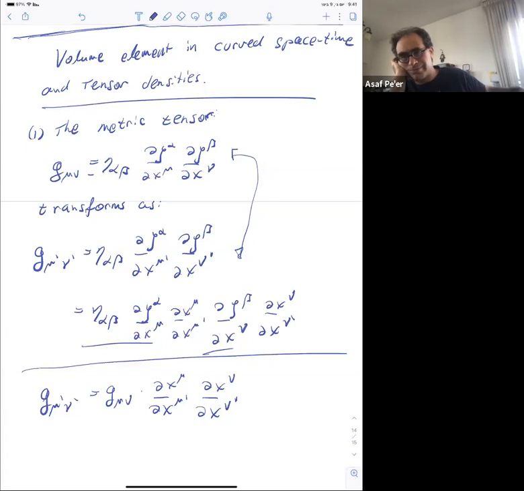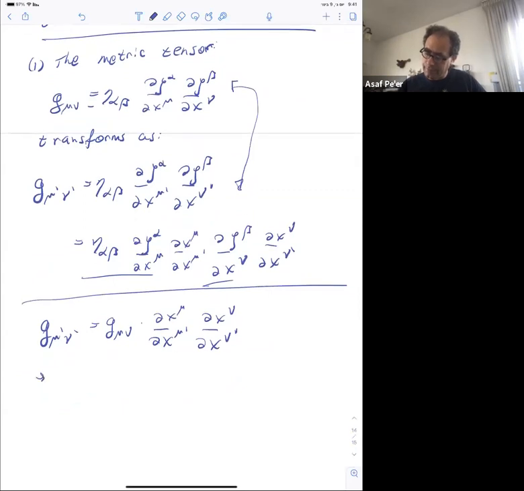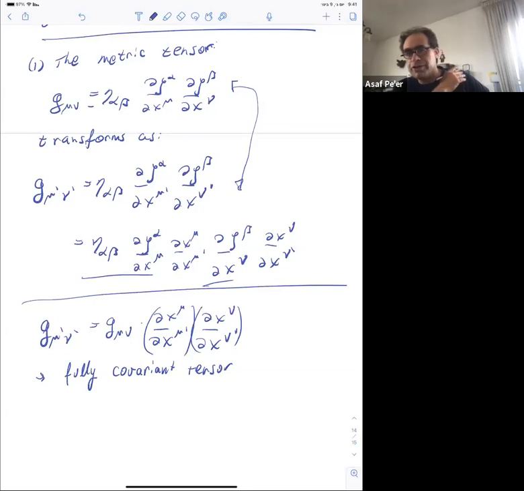Of course, the inverse is a fully contravariant tensor. Right? The transformation law of the components of g is exactly what we get for the transformation law of a (0,2) tensor.